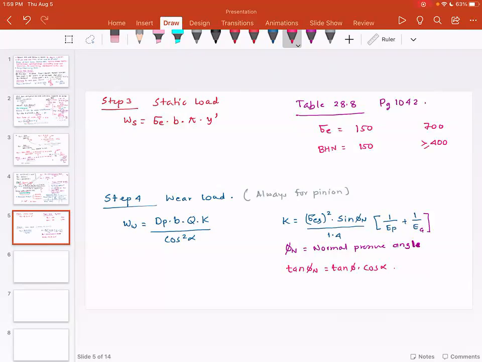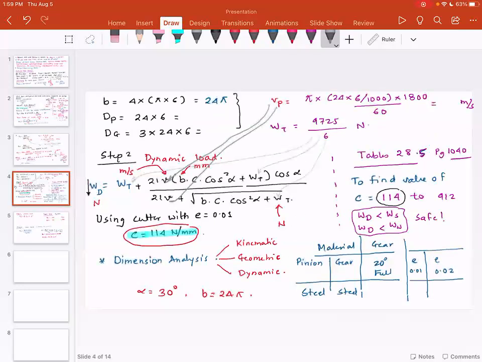So the question that comes to mind is, what value should I grab when I do the calculations? For that, once again, let's go back to the intent. What is our intent? As far as design is concerned, WD has to be less than WS, and WD has to be less than WW.